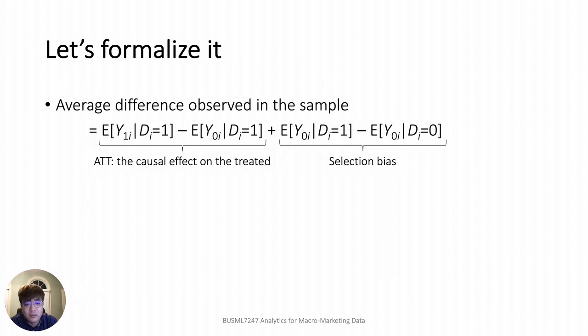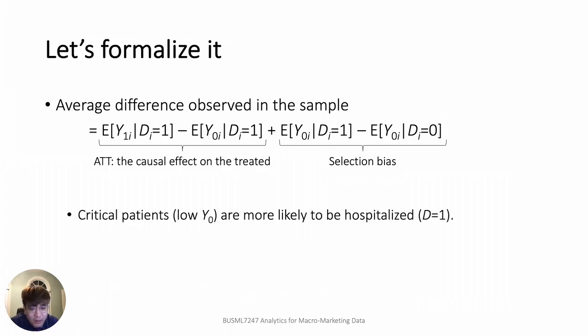In a hospital, not all patients are hospitalized, and the patients to be hospitalized are not randomly decided. Usually, critical patients whose Y0 may be lower than others are more likely to be hospitalized.